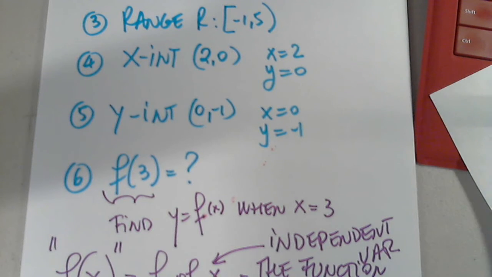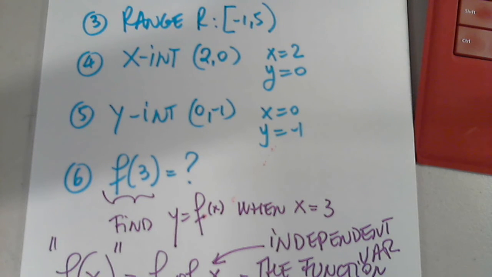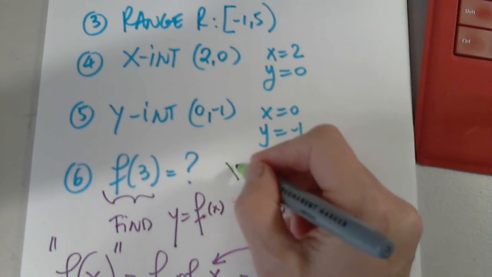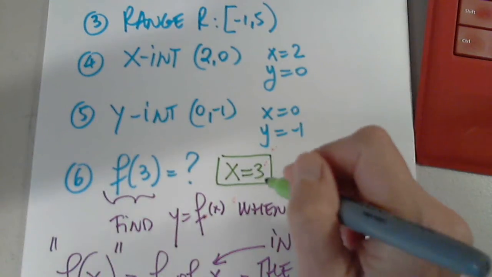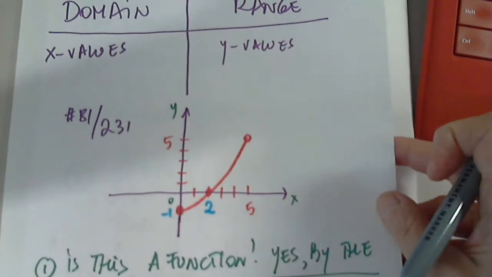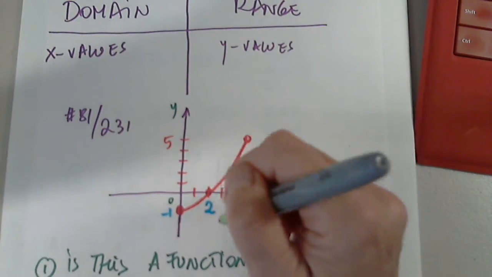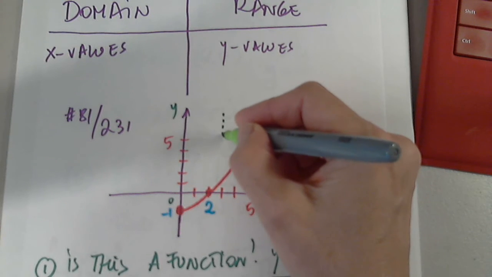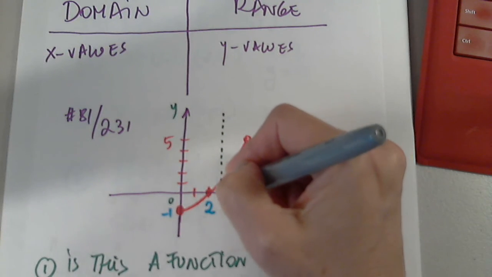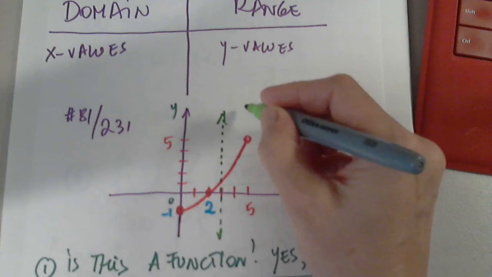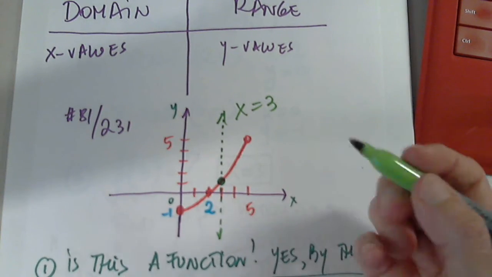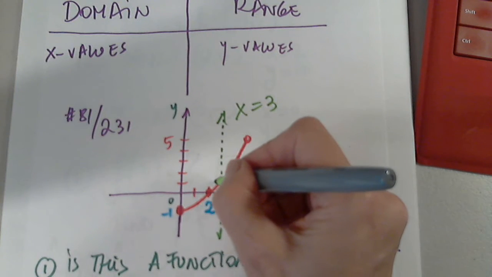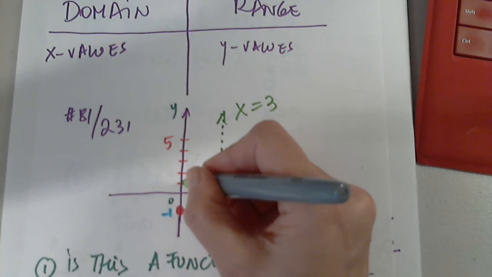Okay, no problem. I go back to my graph. I know how to graph a linear equation, that is x equals 3. Here it is. I'm not going to graph it as a solid line though. This is x equals 3. It crosses the graph in one point, and I'm asked to find the y value.